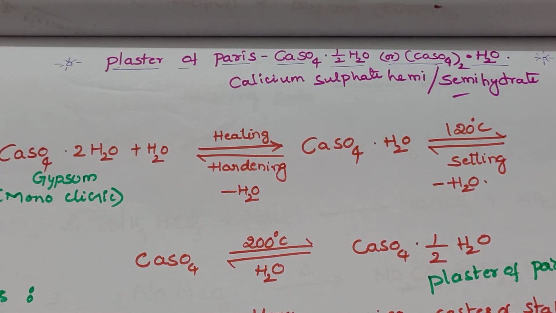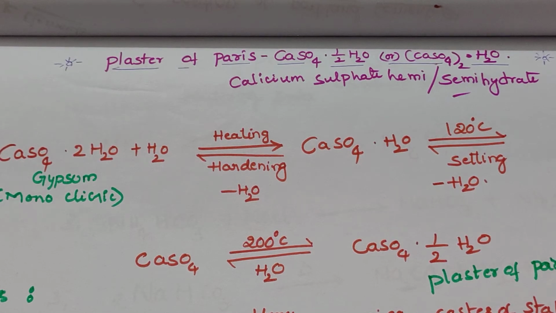When the temperature reaches 120 degrees centigrade, the hemihydrate, or plaster of Paris, is the product. The latter loses water, becomes anhydrous above 200 degrees centigrade, and finally above 400 degrees centigrade it decomposes to calcium oxide.